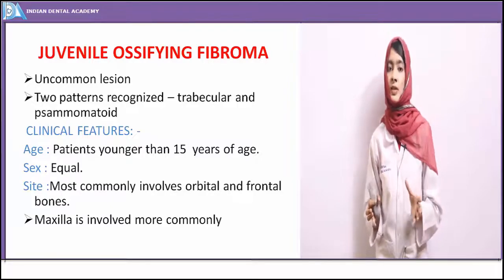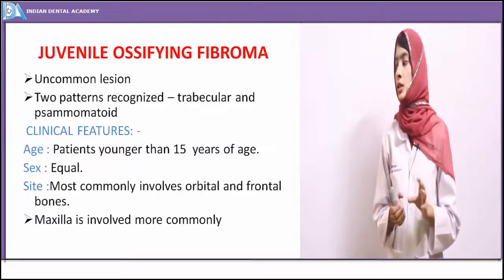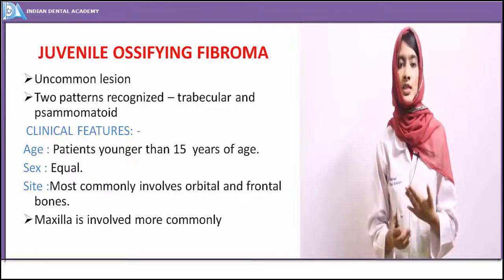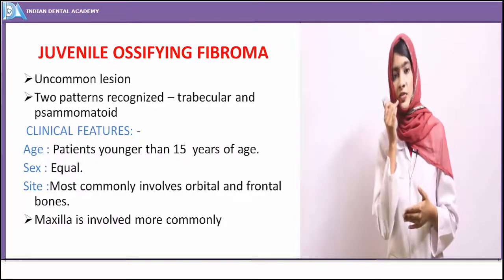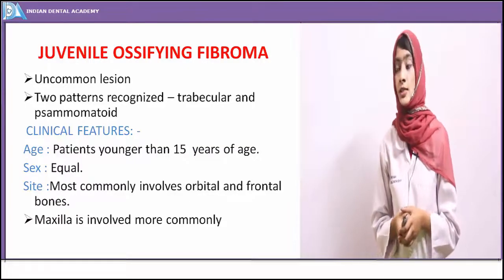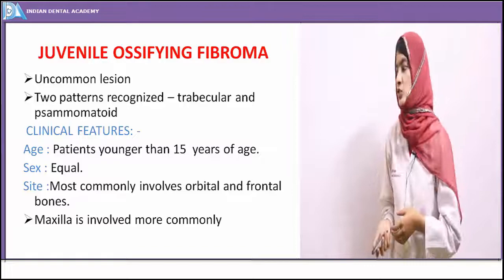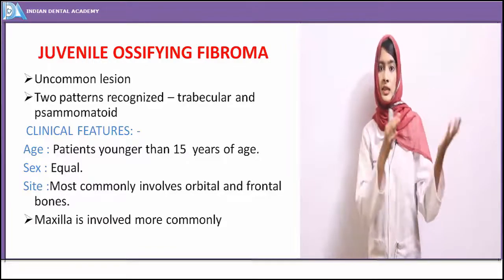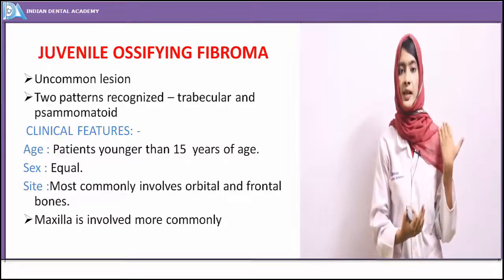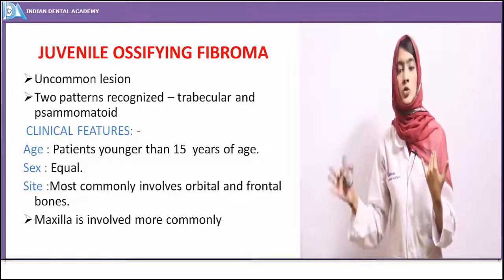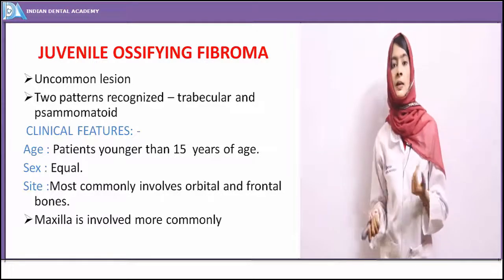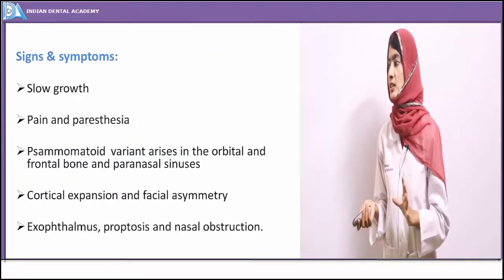Both males and females are affected equally, and the site of involvement is characteristic, as it involves the orbital and frontal bones and the bones of the maxilla. Whereas the other ossifying fibroma has a predilection for the mandible. So the site is different.